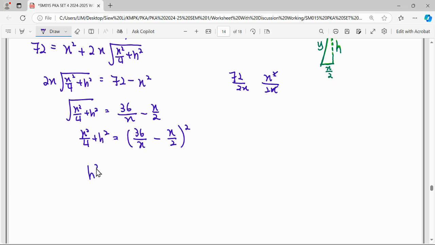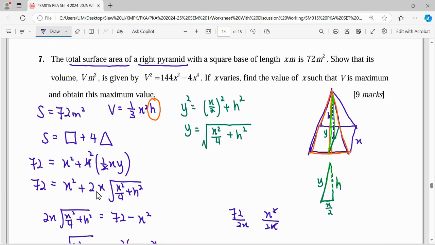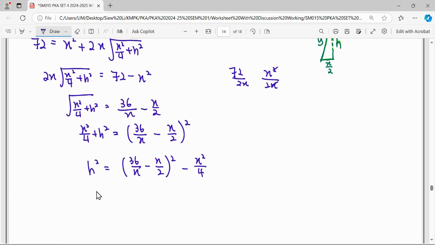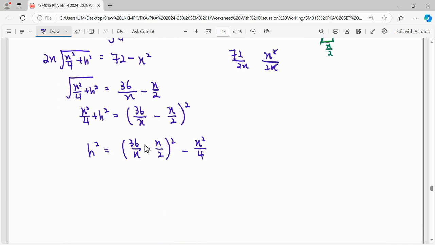And then lastly your h squared is equal to, okay, simplify this. Expand, simplify this. A squared, 36 squared, how much? How much is your 36 squared?